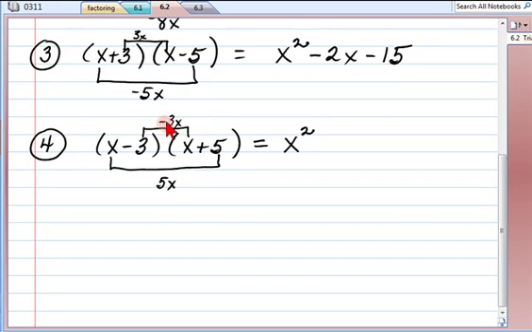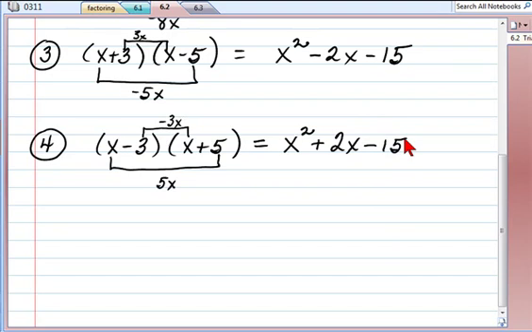Again, they have different signs. So with different signs, I always subtract, keeping the sign of the greater one. This time it's positive 2x, whereas the last time it was negative 2x. The product of negative 3 times positive 5 gives me negative 15.